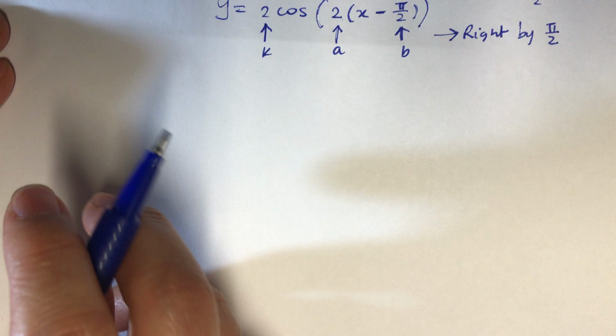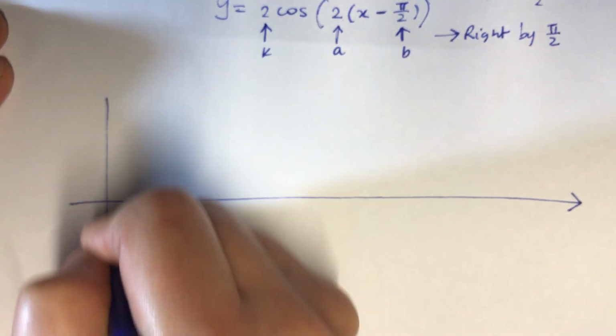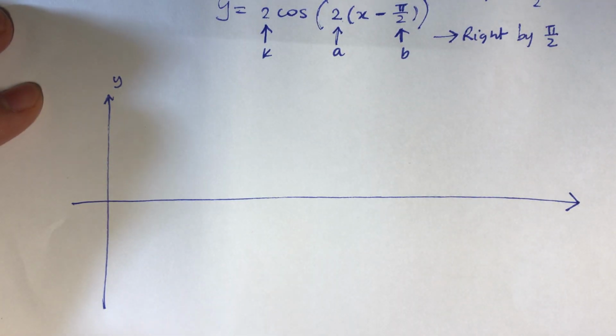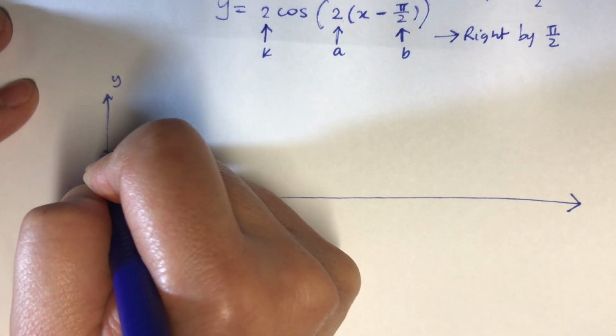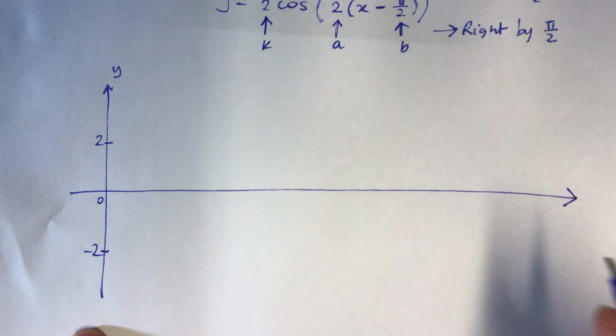Let's sketch this. Let me see if I could. Again, it's going to be pretty rough. All right, so what I'm going to do is I'm just going to sketch 2 cos 2x. So what I'm going to do here is 2 here, minus 2 here. Oops, because it's out of focus. I don't know why.